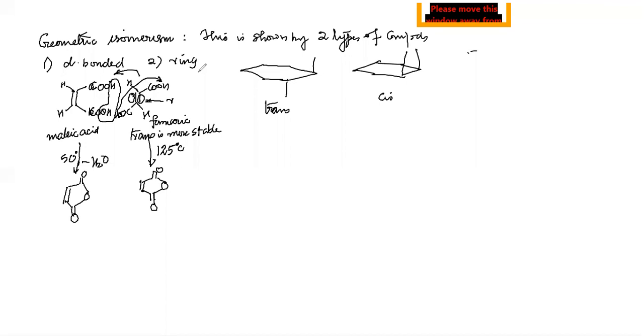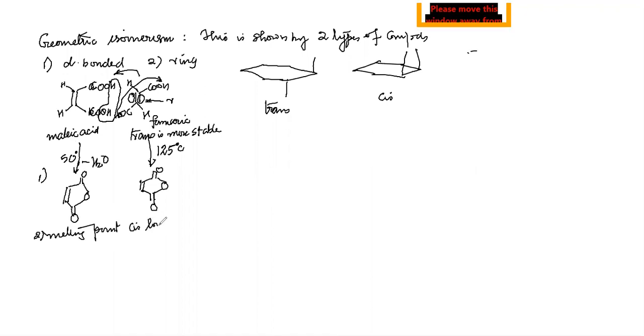Now, how will you distinguish between cis and trans isomers? This is one method. The second method is in terms of melting point. You check the melting point. Cis isomers have lower melting point.